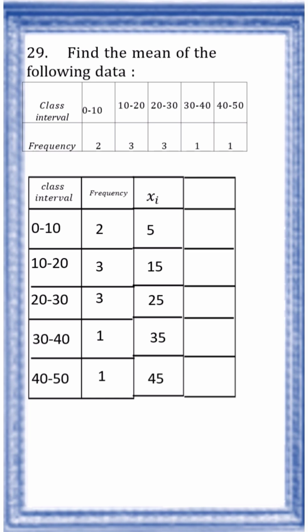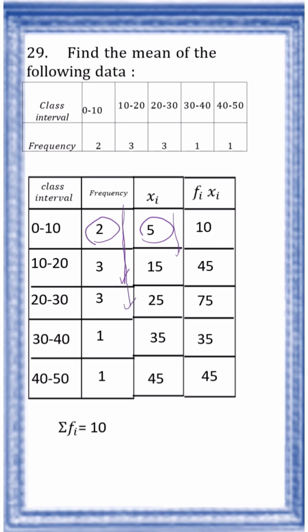Now let us add one more column to write fi xi. You have to multiply these two numbers under this column. 5 2s are 10, 3 15s are 45, 3 25s are 75, 1 35 is 35, 1 45 is 45.